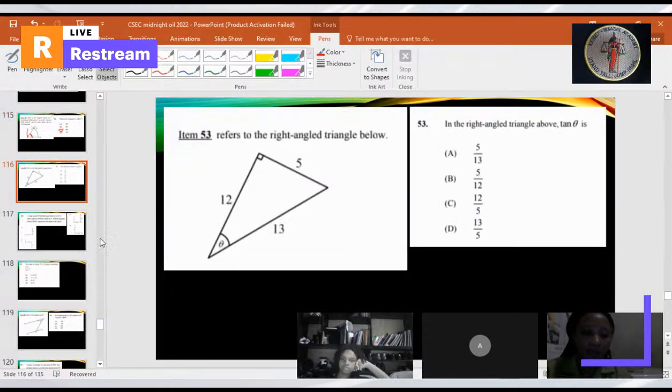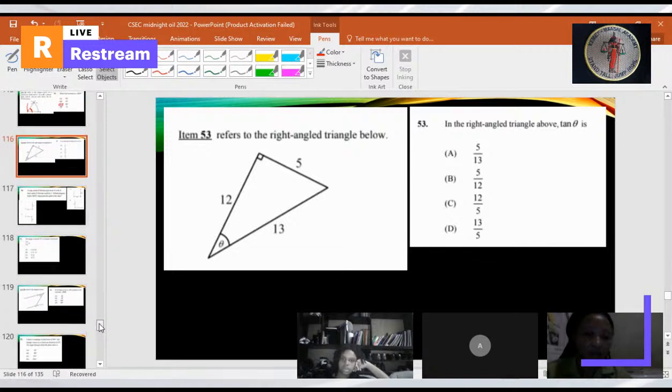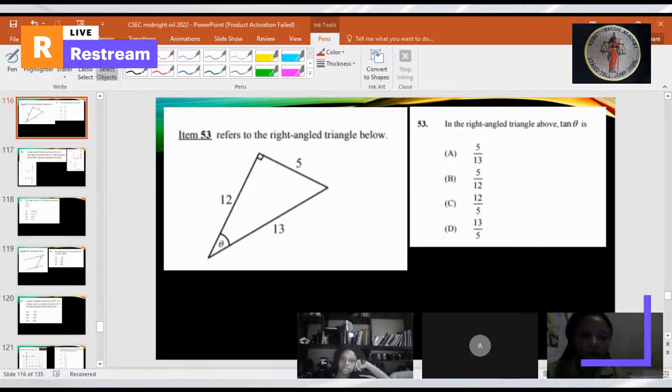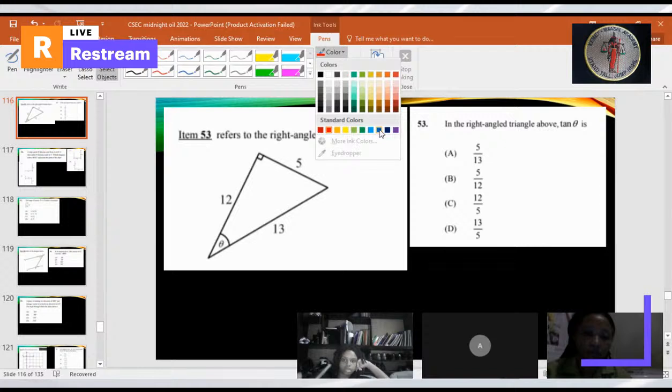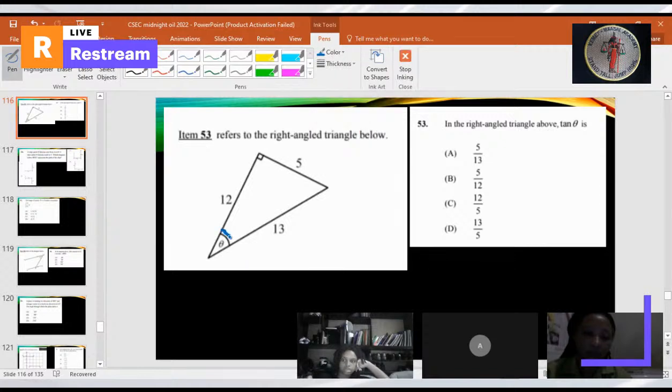All right, 53, Imani. Item 53 refers to the right angled triangle below. In the right angled triangle above, tan theta is... so tan is opposite over adjacent, and this is theta here.